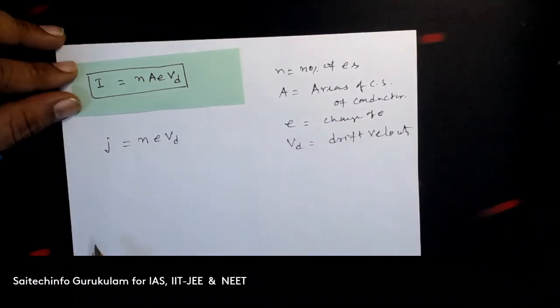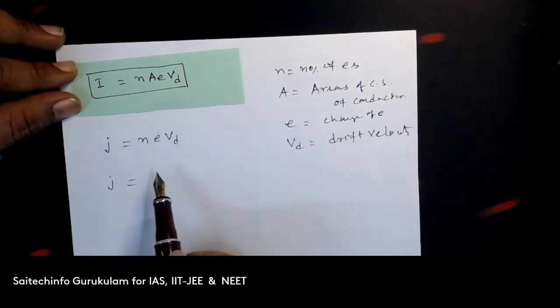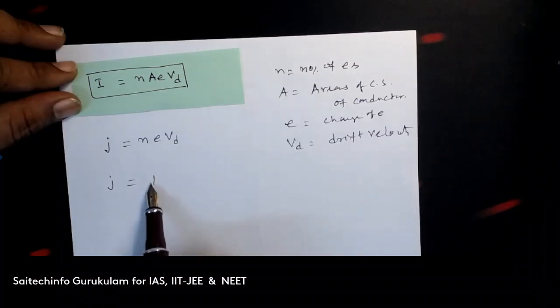Why? Because what is the original formula, as we have already discussed? J is equal to I by A, is it not?